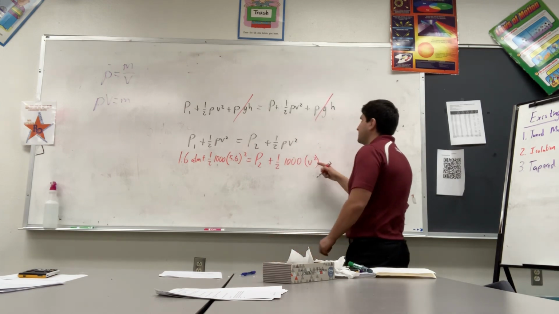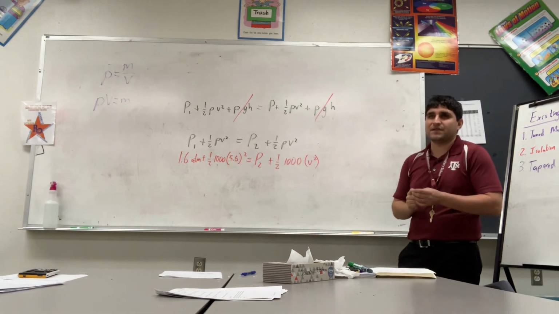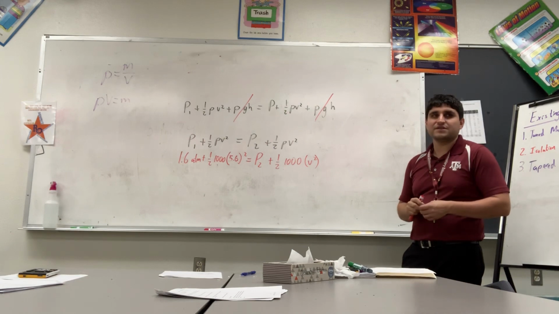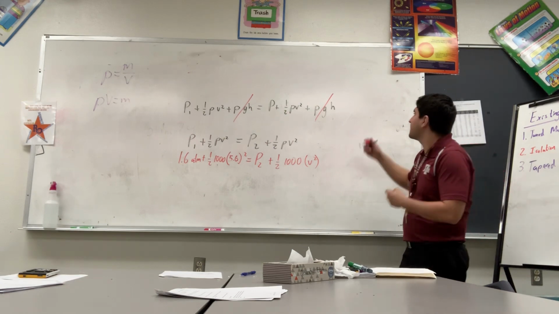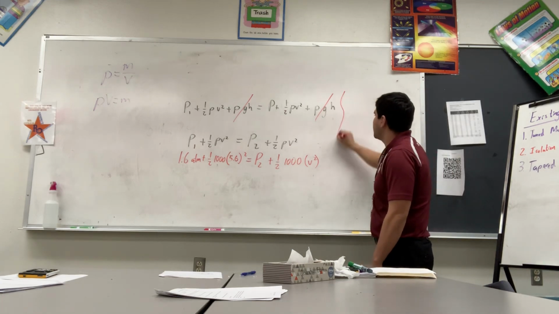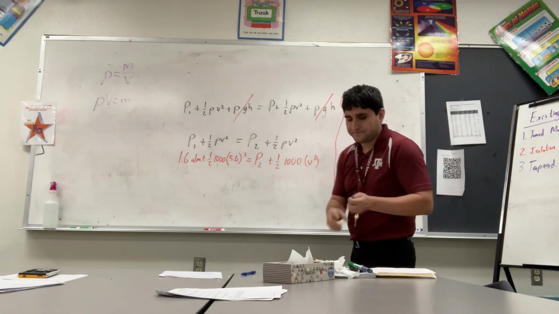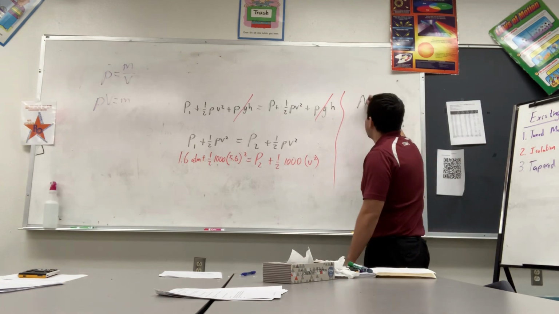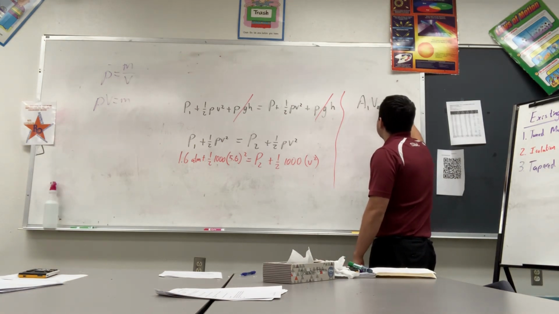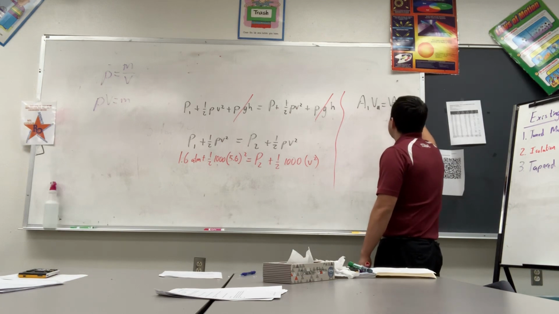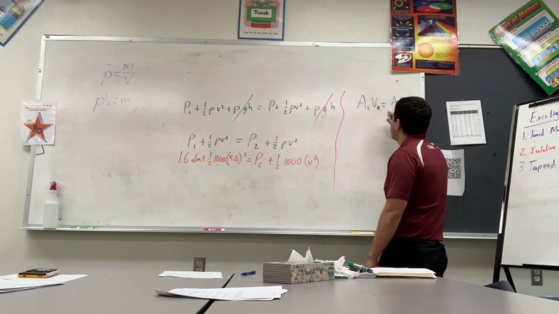And the problem comes in where I don't know that other velocity. So what do I need to do? I need to do the continuity equation. So I'm gonna do that right here on the side. A1 V1 equals A2 V2.